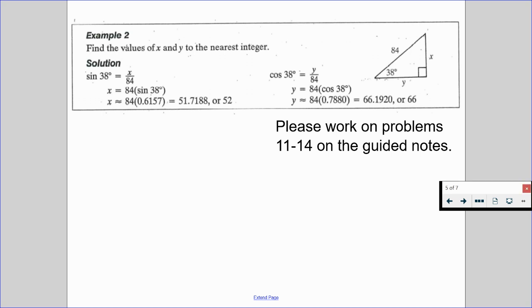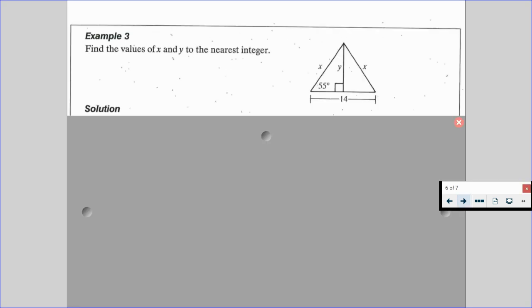In example number 3, we're asked to find the values of x and y to the nearest integer. Looking at our relationship, we have an isosceles triangle with an altitude drawn to the base, meaning that 55 degrees is going to be the angle that we're going to be using, but know that our base we can split up into half, using the value of 7.